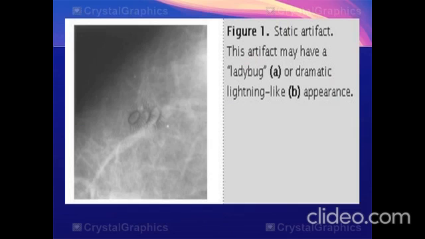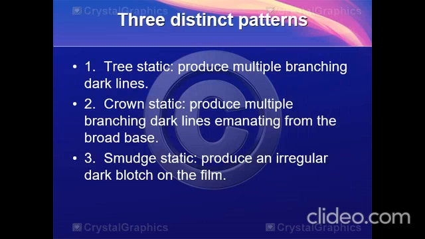So, also sometimes they are called a ladybug or dramatic lightning-like appearance. So, yung dramatic lightning-like appearance, andyan sa book nyo. Ito siya, caused also by static artifacts, build-up of electrons. So, there are three distinct patterns of static marks.